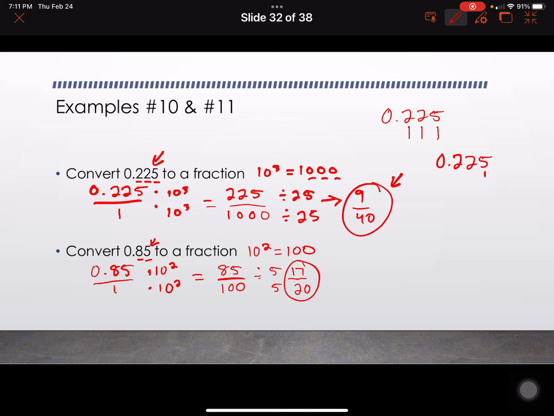So once you know how to say it, you know 225 thousandths looks like this. So knowing those decimal places turns out to be your shortcut to get here, and then you just have to simplify. This allows you to skip a whole step in between.